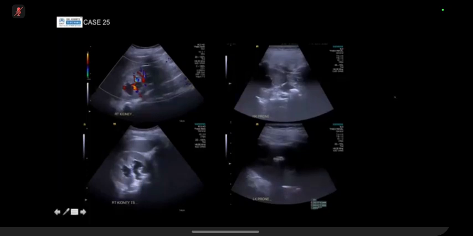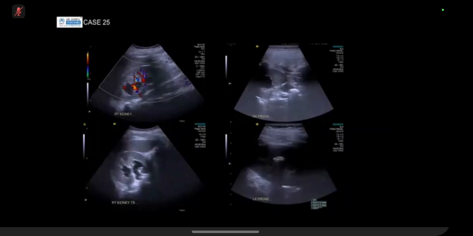Okay, sure. So in the longitudinal image of the right kidney, I can appreciate that there's fairly normal vascularity, and in the prone images, I can appreciate that there is an echogenic shadowing calculus in the covered proximal ureter.